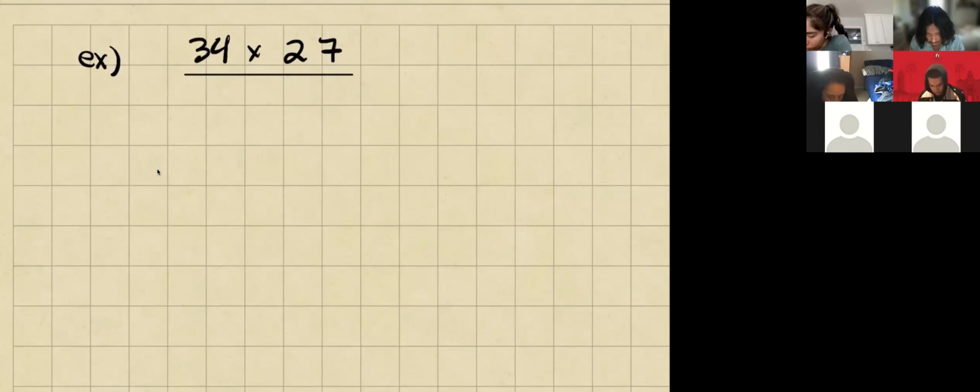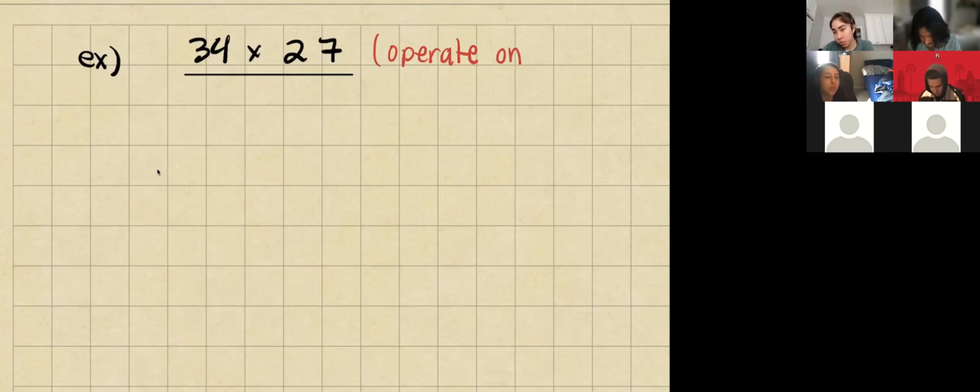What are we going to operate with? We start with the two. Go ahead. You operate on 27 to reach 34. Okay, that's the way I want you to do these problems when you see them, okay? I know that it'll work the other way, but I want you to stick to the method that we're doing here.